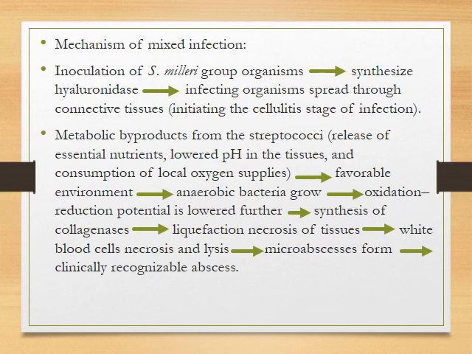They cause liquefaction necrosis of the tissue by the synthesis of collagenase. As the collagen breaks down and the invading white blood cells cause more necrosis and lysis, microabscesses will form, which then merge into a clinically recognizable abscess.